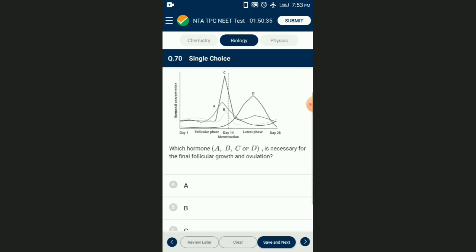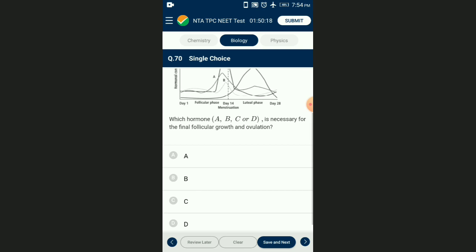See the diagrammatic representation here. A, B, C, D represent estrogen, FSH (follicle stimulating hormone), and LH (luteinizing hormone). So the answer for this question is option C. C is necessary for final follicular growth and ovulation.